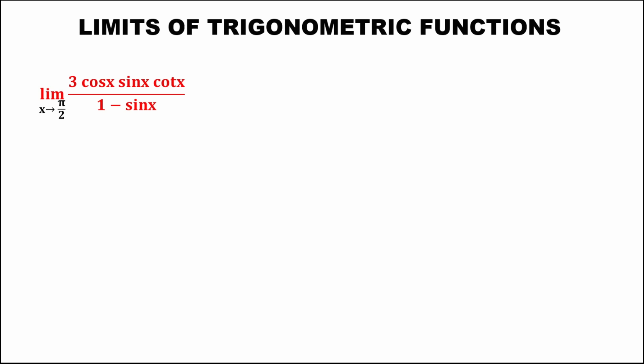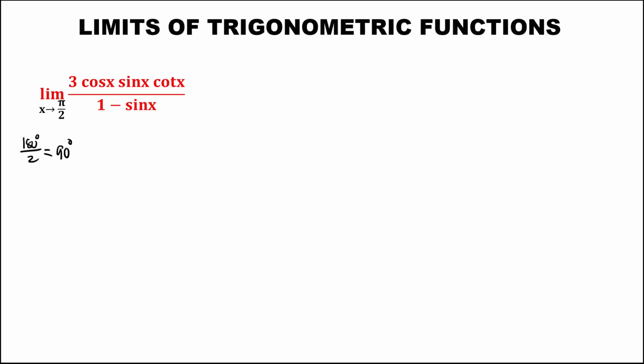Then for this limit, observe that the denominator is 1 minus sine x, and this pi over 2 is equal to 180 degrees divided by 2. That's 90 degrees. And sine 90 is 1, so this denominator becomes 0.